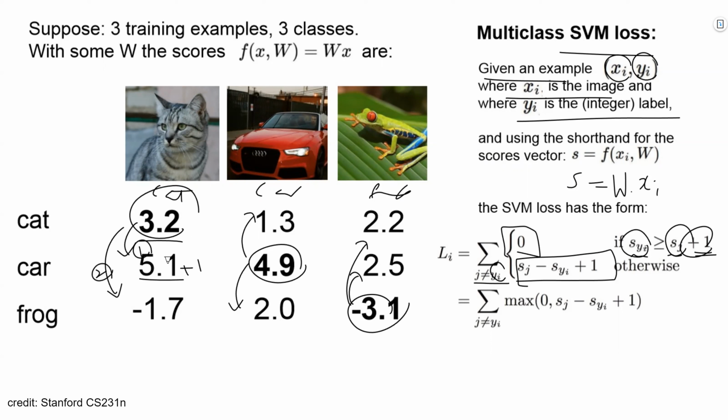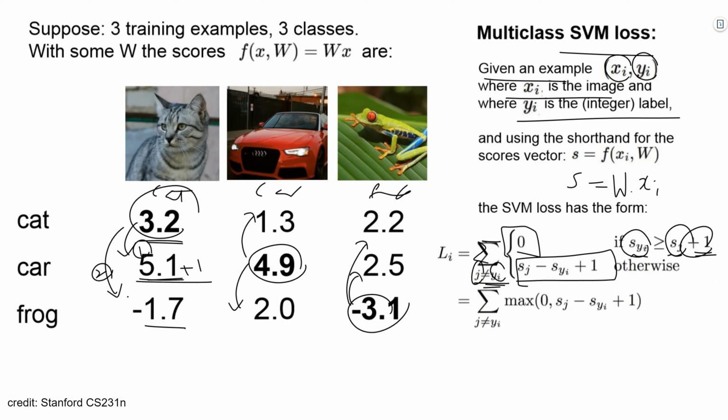And in the second comparison, because we need to summate over all j, not including the ground truth class score itself, we're comparing this score with this one and this one. We need to make two comparisons. And in the first case, loss occurred.